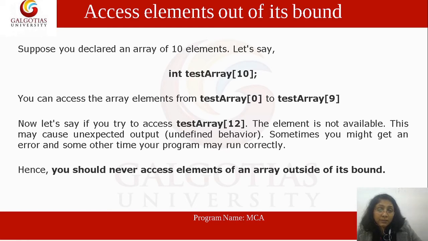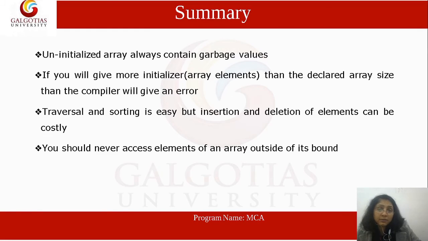This may cause an unexpected output, an undefined behavior. Sometimes you may get an error, or some other time your program may run correctly, but logically you will get an error, because your relevant data will only be from location 0 to 9. So the data at 12 will be garbage data. You should never access elements outside the bounds as per your array size.